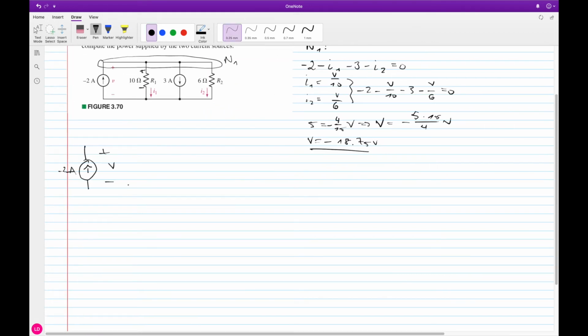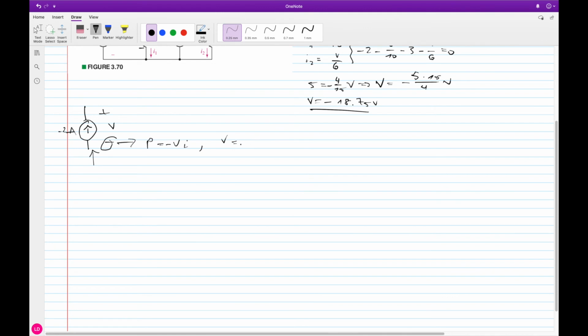So then, for this, we need to take the sign of the pole through which the current is going in. So we know that the current is traveling this way. We take the negative sign to use our passive sign convention and say that P equals negative VI. Okay. We know then that V is equal to negative 18.75 V, and I should be equal to negative 2 amps.